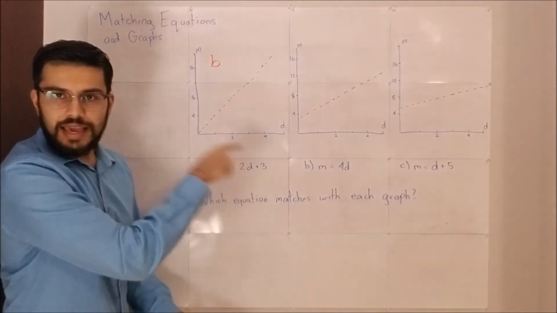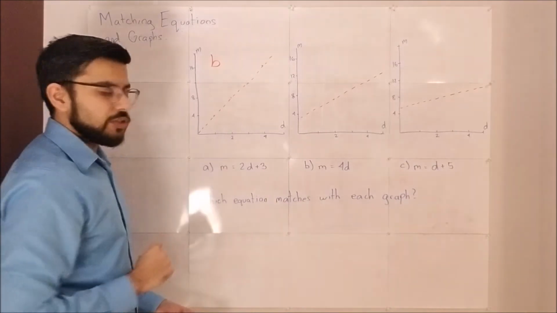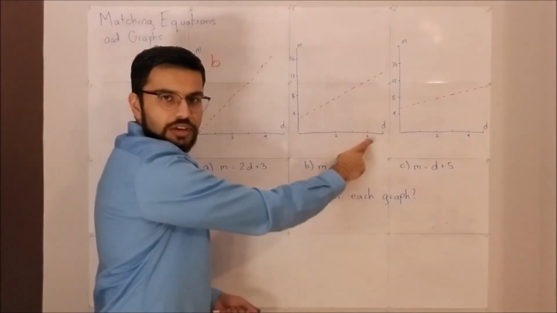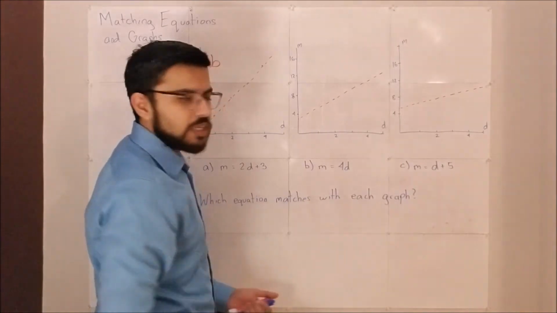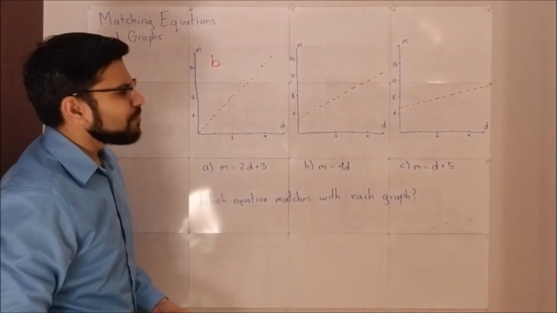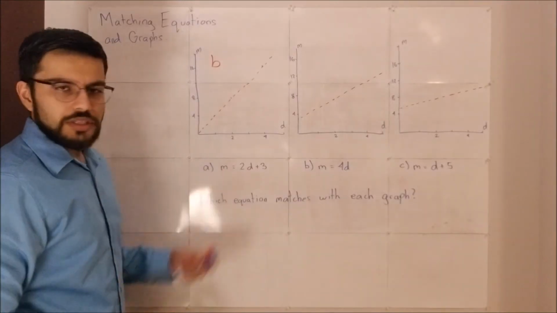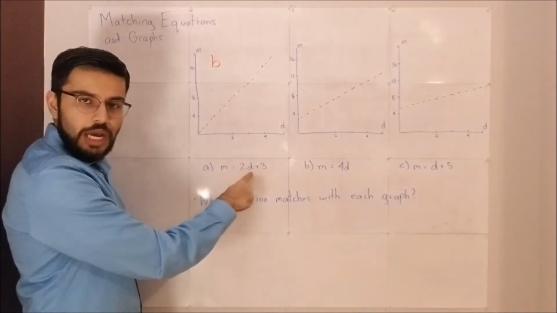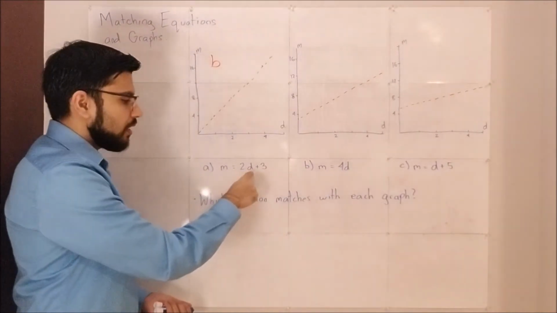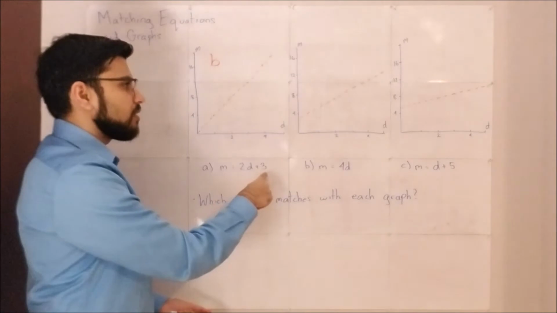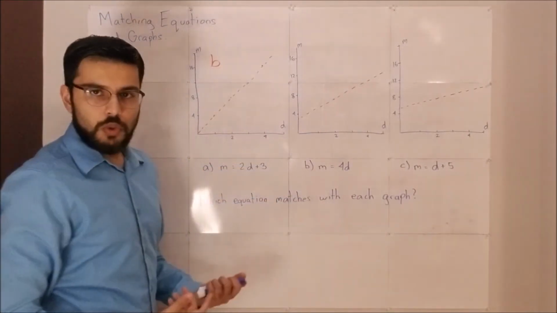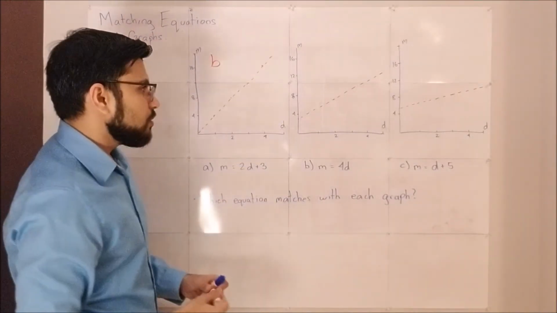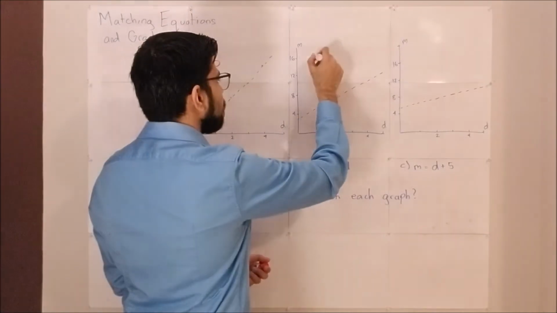So it looks like A matches up, but let's try that with another point. Let's look at 4, and 4 seems to match up at maybe 10 or 11. Well, let's try the same equation. 2 times 4 gives us 8. 8 plus 3 is 11. So that seems to work for this picture. I would commit to that.